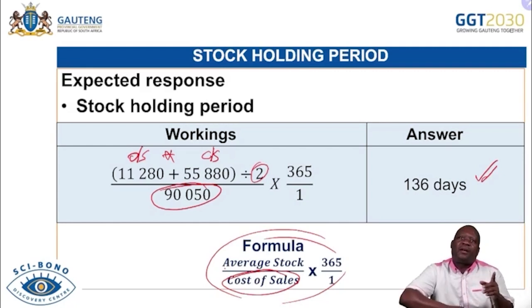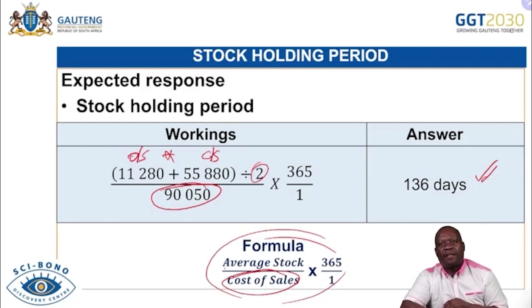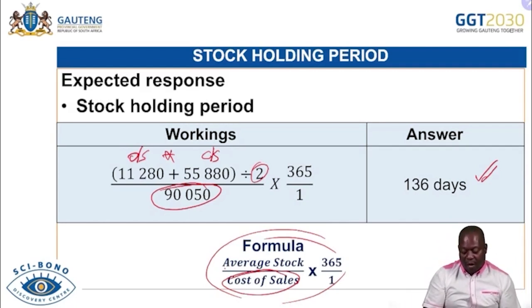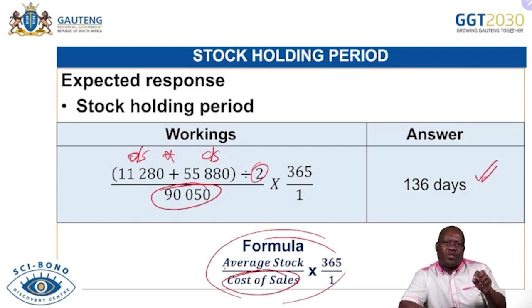Now, remember, the last part was saying the owner suspects that some bags are being stolen. So there is a suspicion that there is missing stock somewhere. Now, can we find that from the activity that we are dealing with? Yes. What are we going to be looking into?